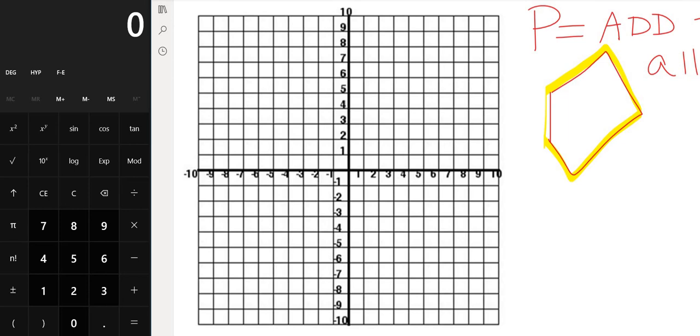First point, 2, 8. Right there. Next point, 2, 5. Next one, 6, 5. And then lastly, 8, 10.